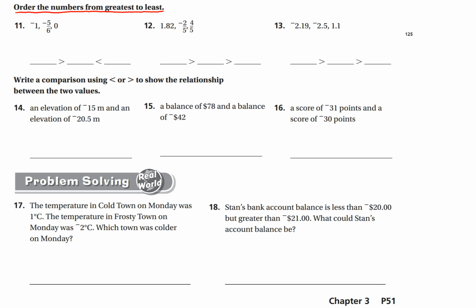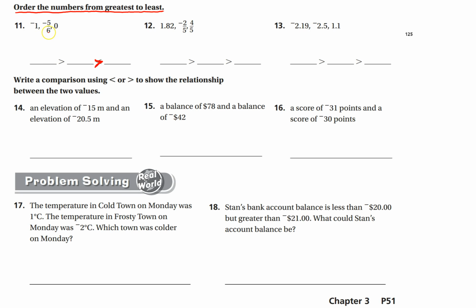I don't know if it's in your edition as well, but it does say order the numbers from greatest to least, and they flipped this second sign. So I'm going to follow the directions here and assume that they made a mistake, and this sign should be facing this way. All right, so we have two negative numbers and 0.